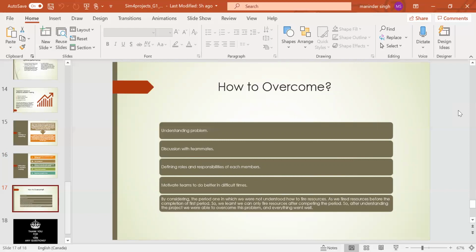Then it's very important to define roles and responsibilities clearly, so that each team member understands his roles and responsibilities. And it's a duty of a leader to motivate each and every team member, so that they can all work on the project and get the achievement.